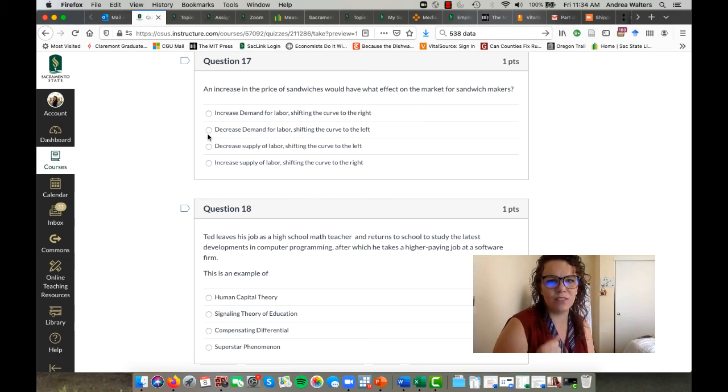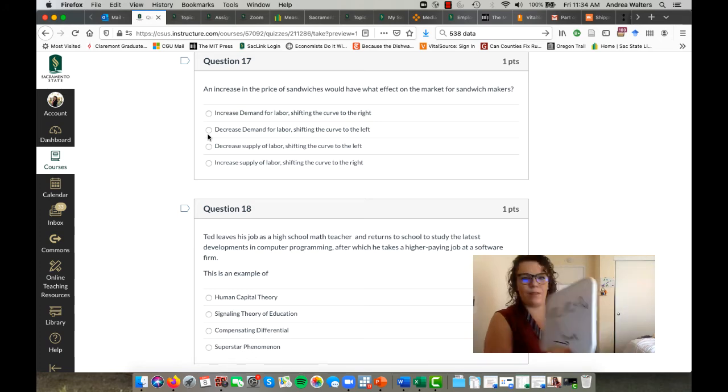Question 17. An increase in the price of sandwiches would have what effect on the market for sandwich makers? This is a value marginal product of labor curve. So remember, the value marginal product of labor is equal to the marginal product of labor times the price of the good, and it's going to also give us our labor demand curve, right?